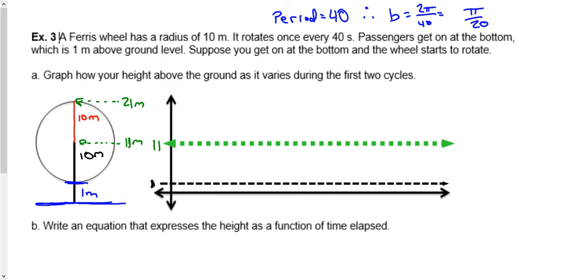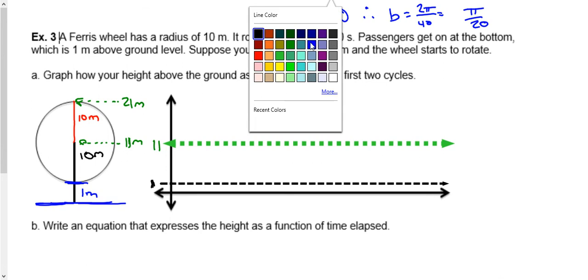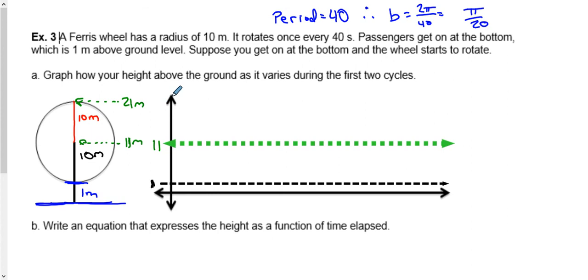So at the top, let's draw another line here. Let's pick a different color. Yeah, let's do something like a red. At the top here, what this red line is representing is the max, the top that our Ferris wheel can go, and of course the top is 21. So here on the side, this is all our height.